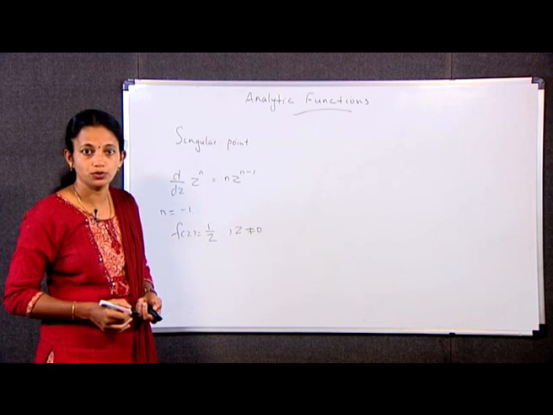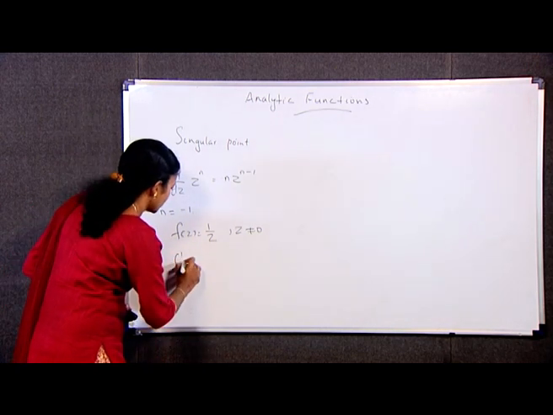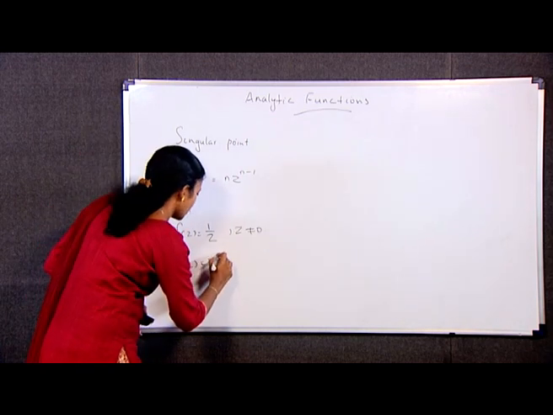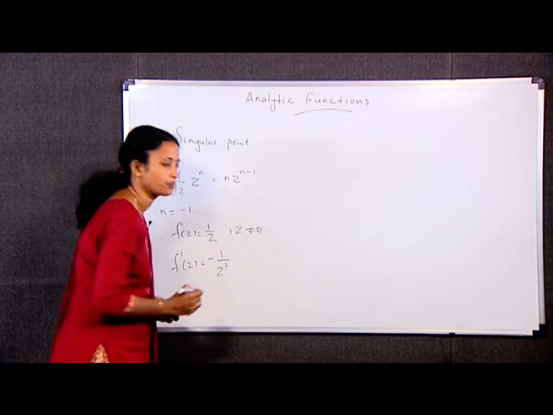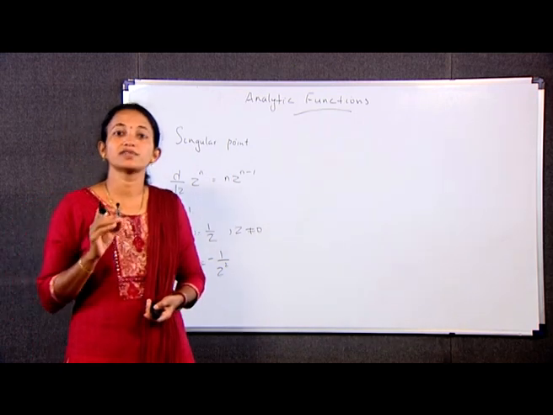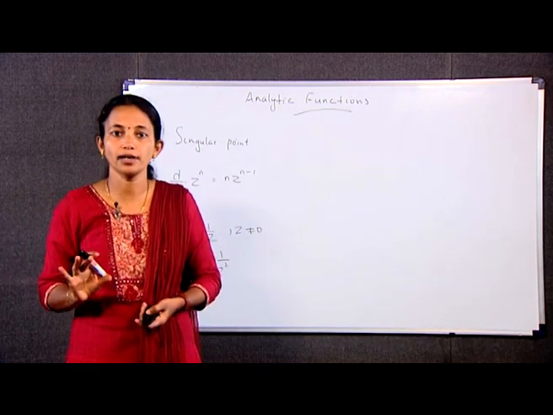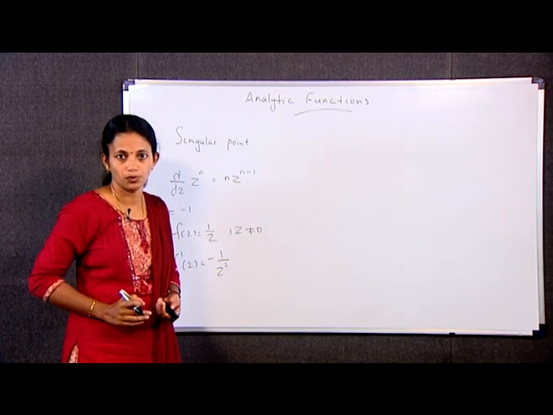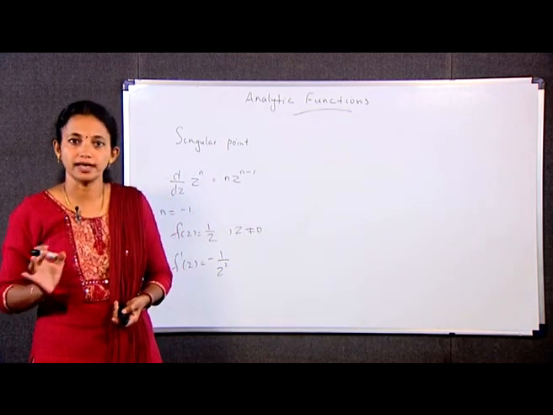It has derivative: the derivative of 1 by z is equal to minus 1 by z squared. Hence, f is analytic at every point except for z equal to 0, where it is not even defined.